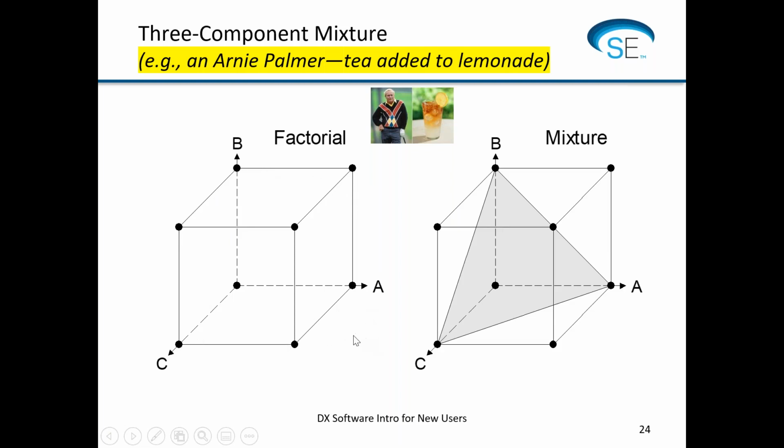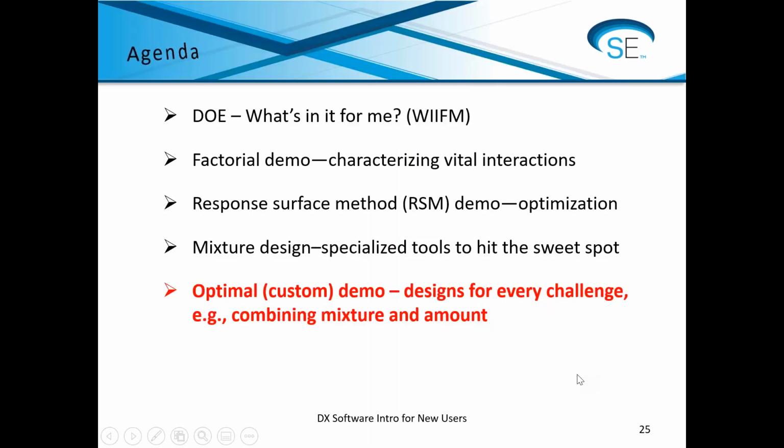Your choice of one factor has no bearing on your choice of another. But with mixtures now, if I tell you how much B and C is in the system, well, we can back calculate how much A, right? Because it's going to be 100% less the other 2. So we lose a dimension in the design space. And so if I have 3 components in a mixture, I have a flat triangle that's my design space instead of this entire cube. Okay, so the bottom line is we have to treat it differently in order to work with mixtures.